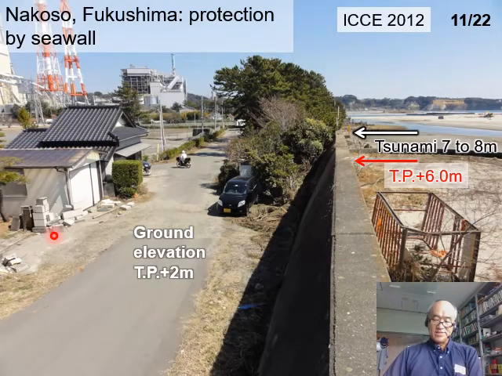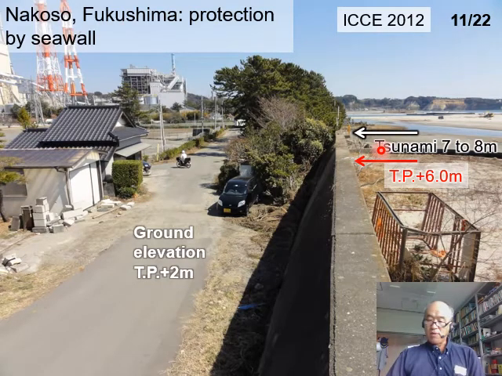In contrast, as I explained earlier, seawalls appear to be effective in case the overflow depth is of the order of 1 meter. This picture shows a house in Nakoso protected behind a seawall with 6 meter height. The tsunami level there was 7 to 8 meters, and therefore the overflow depth must be of the order of 1 meter.